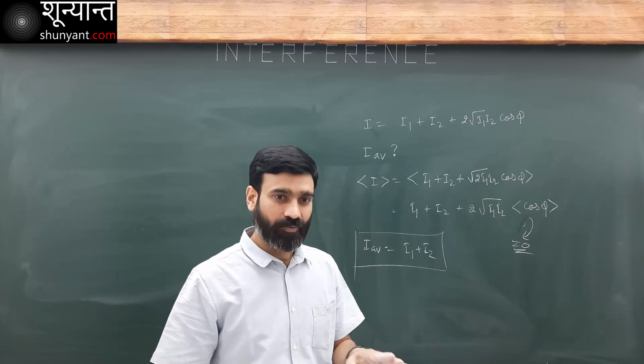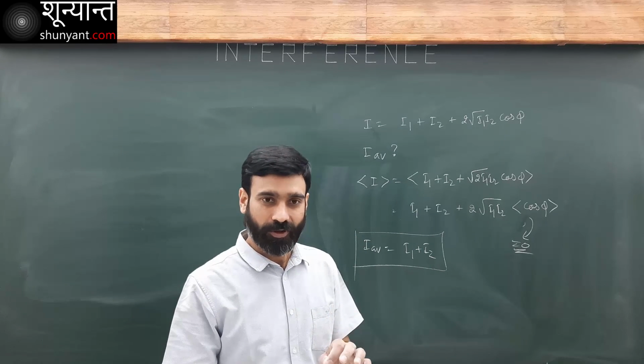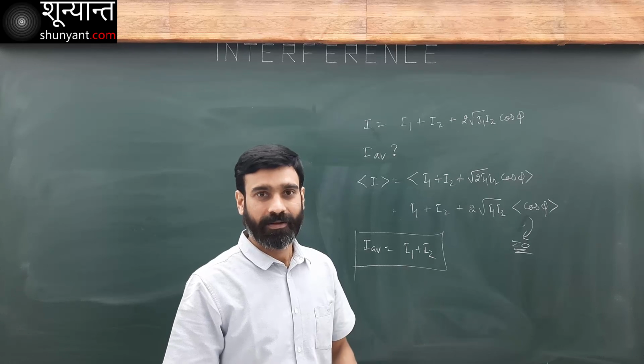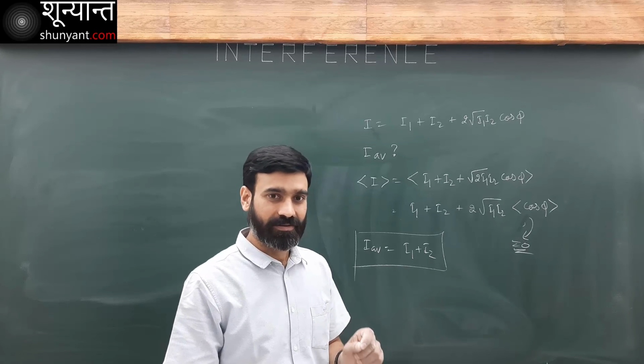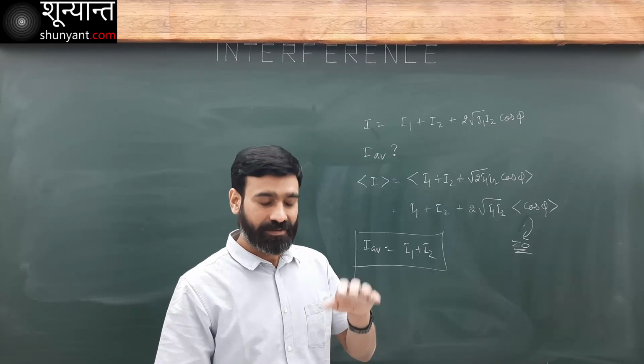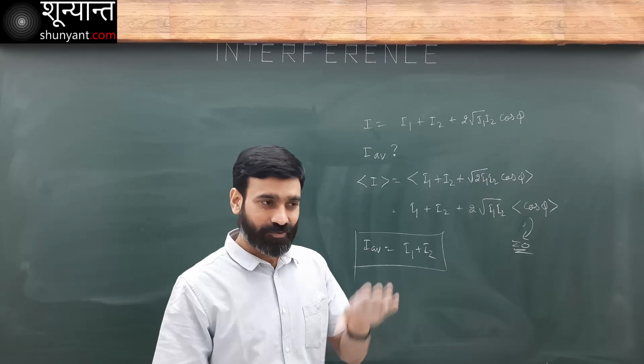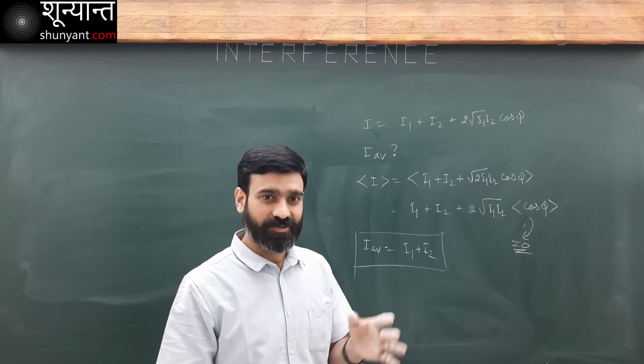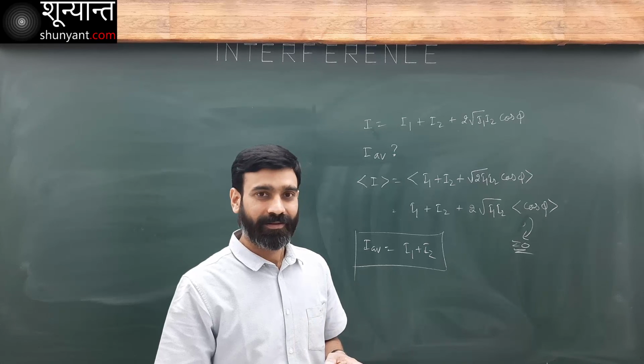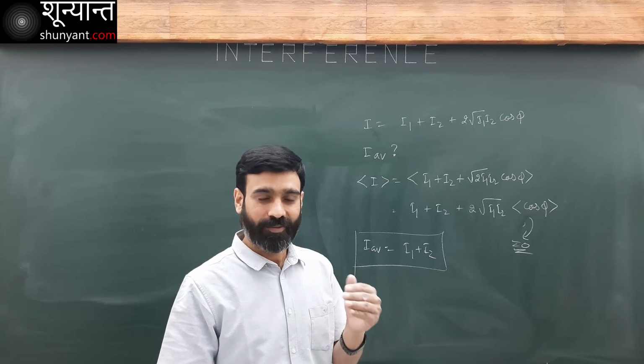So the whole screen will appear to be uniformly illuminated. Even though there is interference and a fringe pattern, it changes so fast that it appears as if there is no fringe pattern, and the whole screen appears uniformly illuminated.